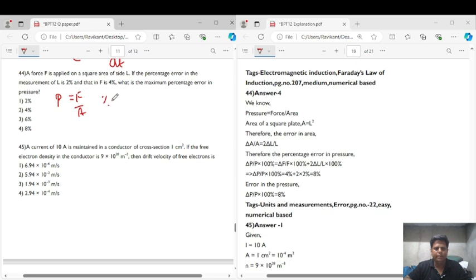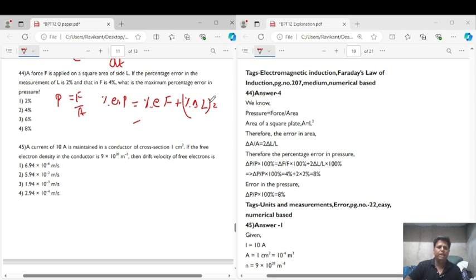So percentage error in pressure will be equals to percentage error in force plus percentage error in length whole into 2, right?